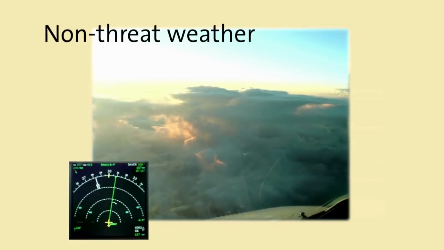On close approach, it can be seen that there is no substance to the cell. In fact, you can see right through it. In addition, the cell is 1 to 2,000 feet below the aircraft, and thus not a threat. Again, applying the quiet, dark cockpit philosophy, this non-threat cell is not displayed.